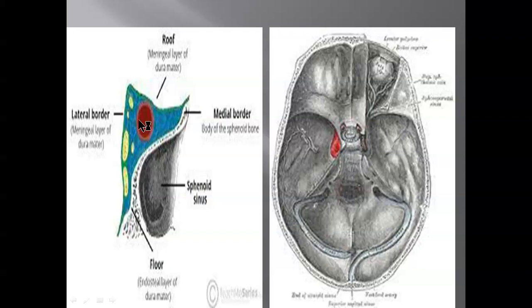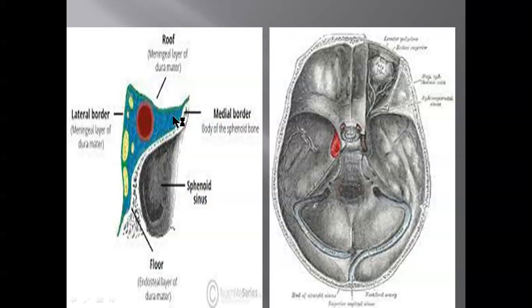Now, inside the cavernous sinus, we can see we have the internal carotid artery and a few nerves. The internal carotid artery, along with cranial nerve 6, are inside the cavernous sinus, whereas these other nerves are at the border of the cavernous sinus, enclosed inside the dura mater.